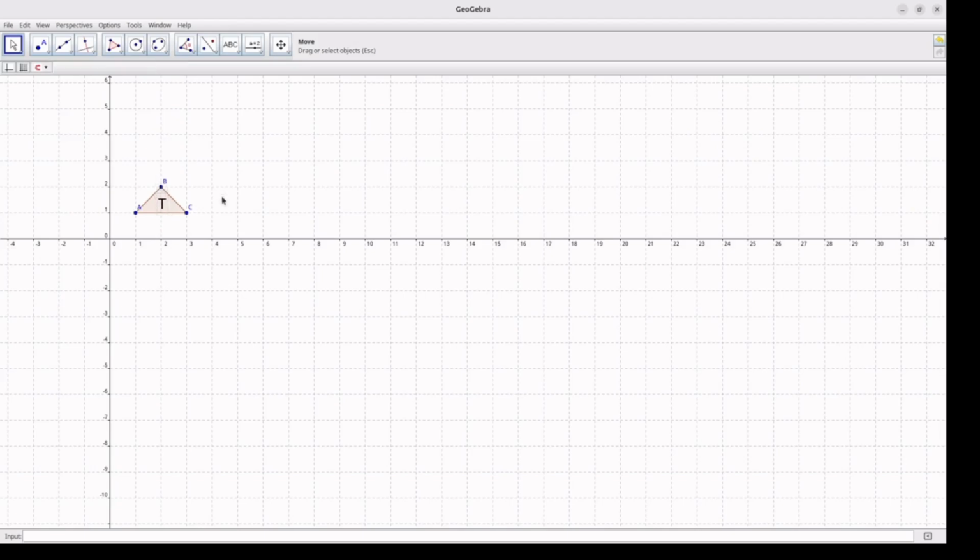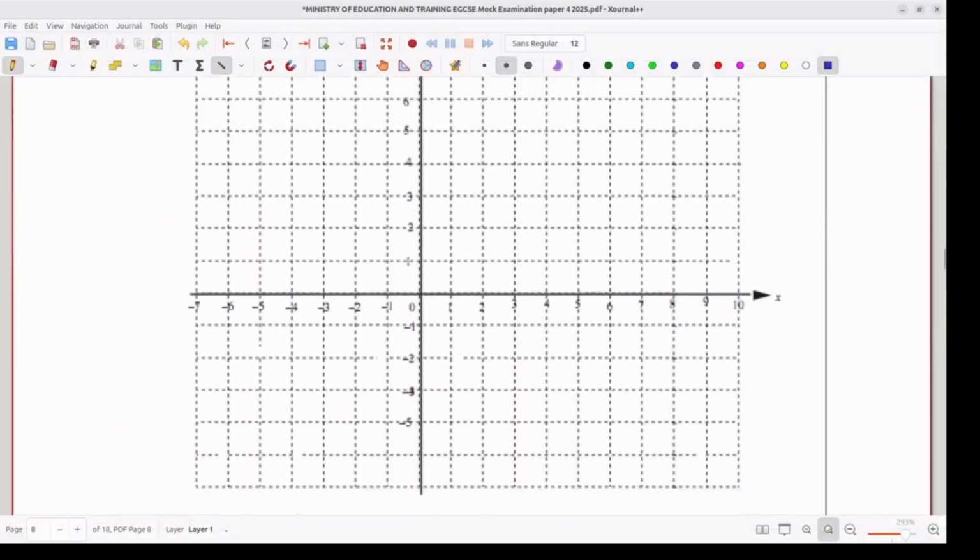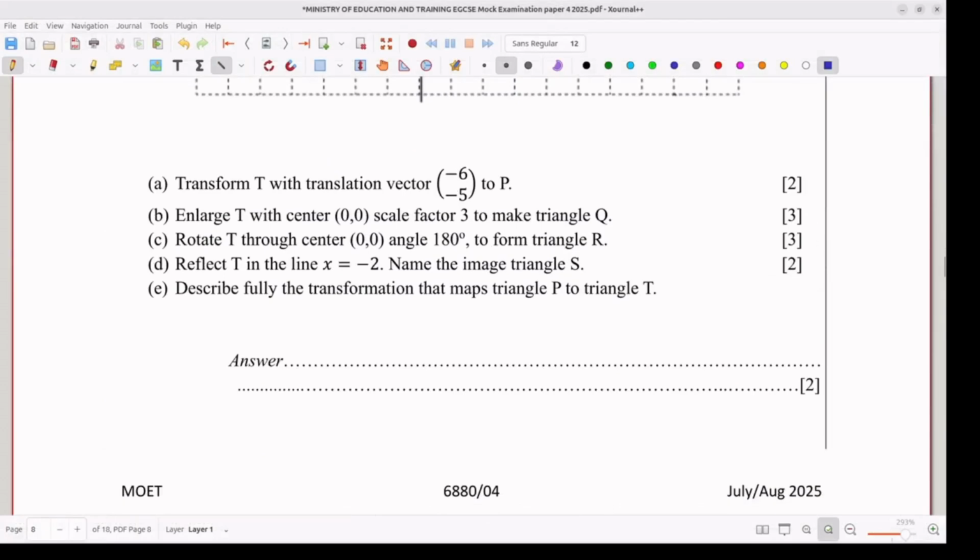Now we have our triangle T. Next question. The next question requires us to transform T with the translation vector (-6, -5). So let's go and transform that triangle with the given vector.